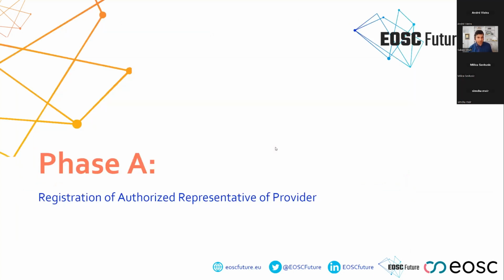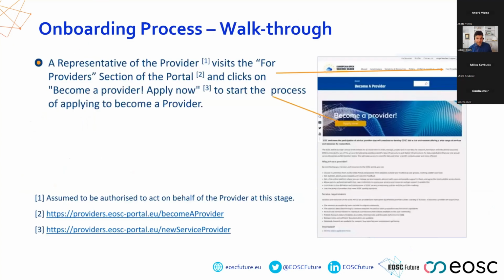Now we will take a look at the first phase, where the authorized representative is onboarded. We will not go into too much detail because Melissa has already mentioned most of these points, but here we see internally how it works.